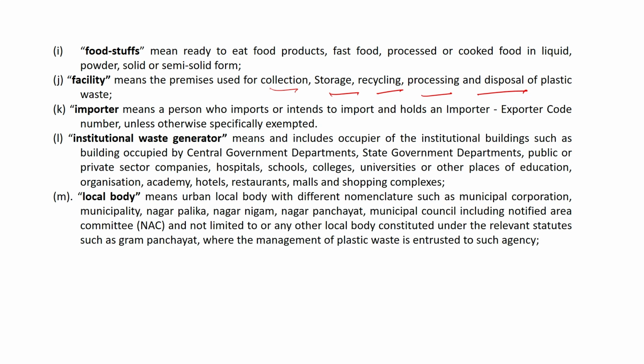The local body means the urban local body with a different nomenclature, such as the municipal corporation, the municipality, the Nagar Palika, the Nagar Nigam, the Nagar Panchayat, the municipal council including the notified area committee, and not limited to any other local body constituted under relevant statutes, such as the Gram Panchayat, where management of plastic waste is entrusted to such agency.